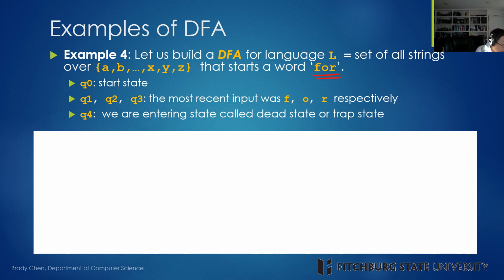Let's say we build a word like FOR or FORWARD, these are all accepted, right? Now, any other word like AFOR or whatever, this word does not start with FOR, so it's not accepted.